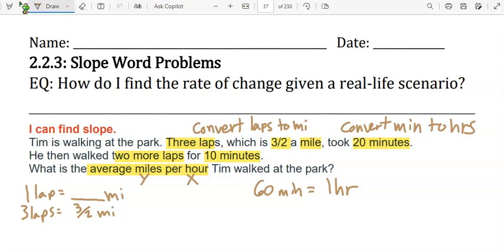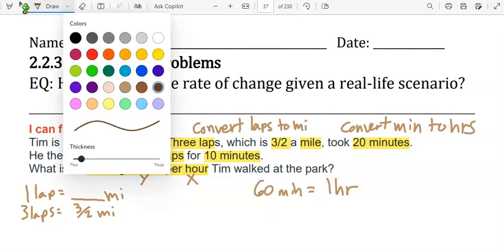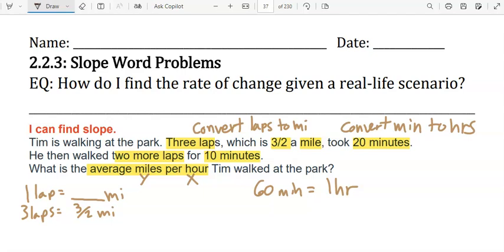So to find how many is 1 lap, you would just divide each of these by 3. So 1 lap would be 1/2 a mile.